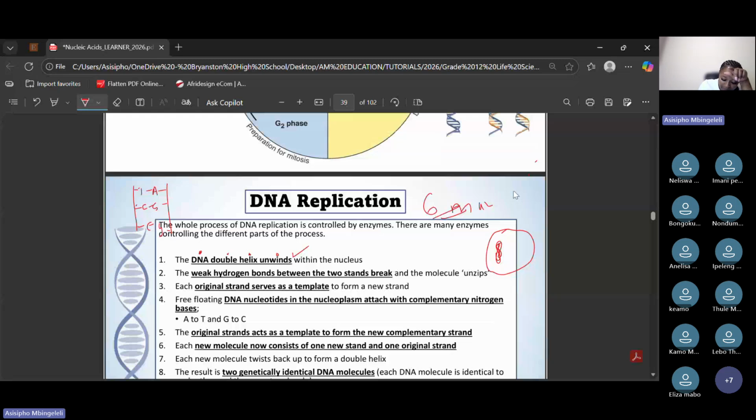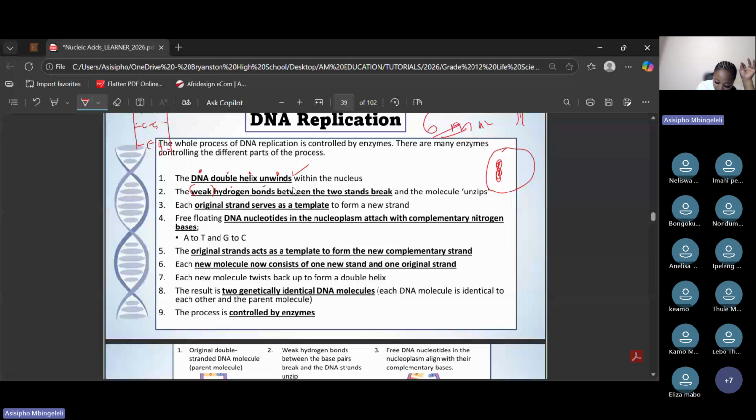The word weak doesn't have to be there. So I'm putting it in brackets because it doesn't have to be there. But hydrogen bonds between the 2 strands break. There's a tick there sometimes. Then after they break, the molecule unzips. It's not underlined, but this is also important.